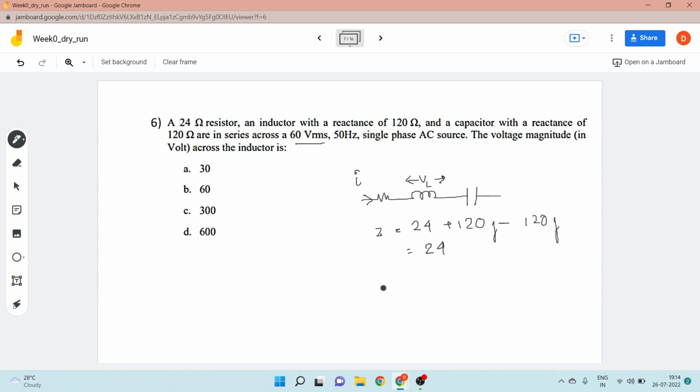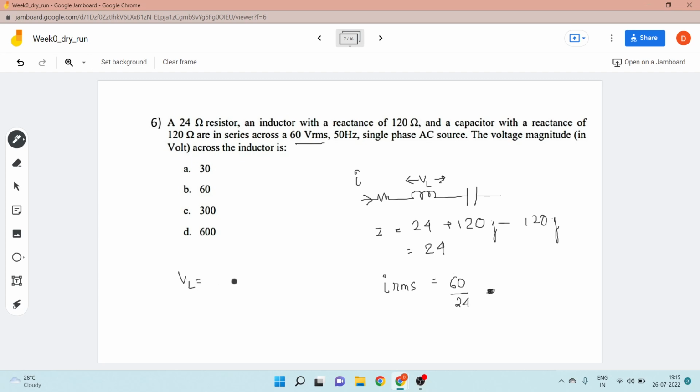So if we have to calculate the IRMS value, it will be 60 by 24. Now if you are to calculate the voltage magnitude across the inductor, it will be VL.